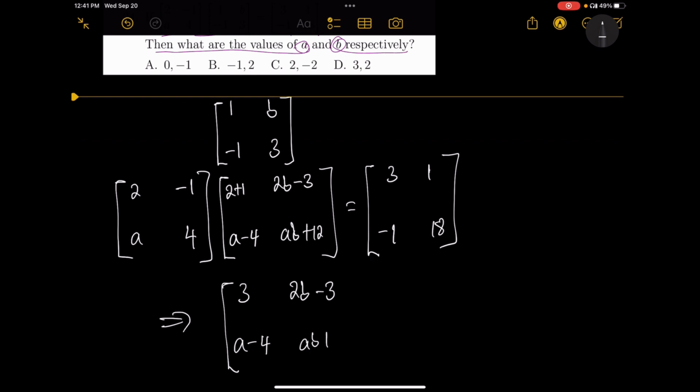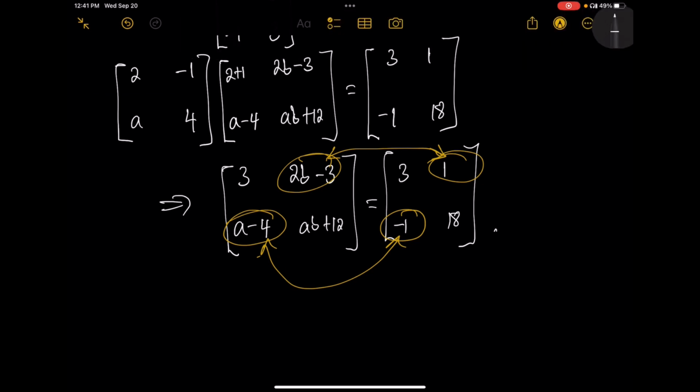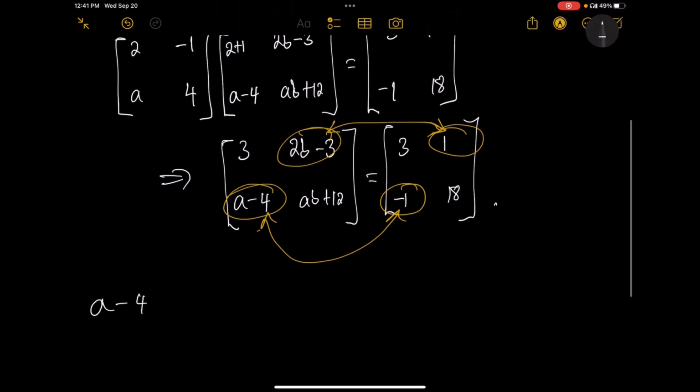This needs to be equal to the matrix 3, 1, -1, 18. So A minus 4 must equal -1, and 2B minus 3 must equal 1. This is what we mean when we say that two matrices are equal. So A minus 4 equals -1, which implies that A is 4 minus 1, which is 3.